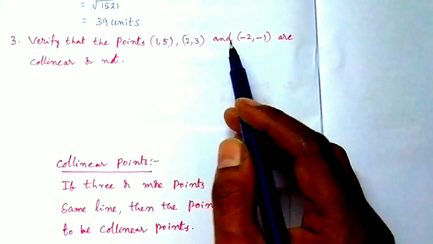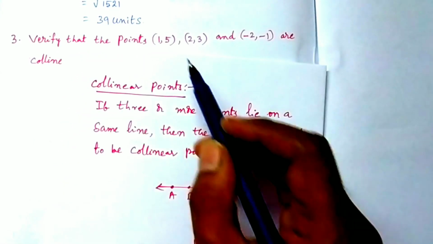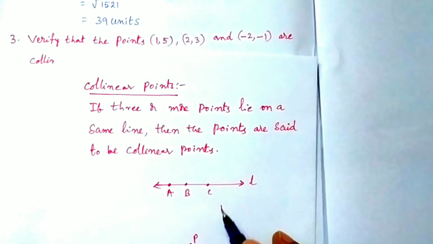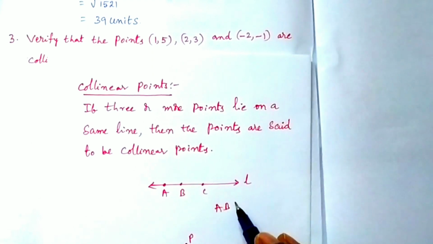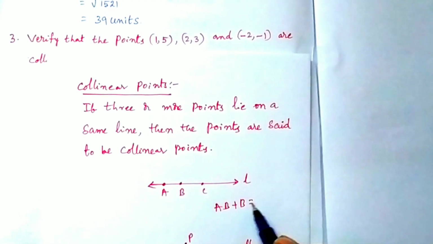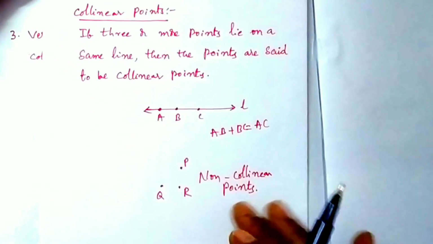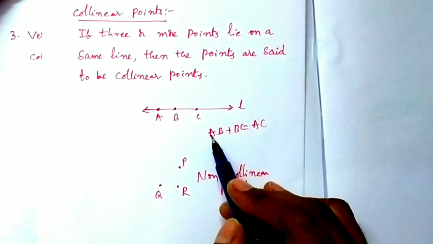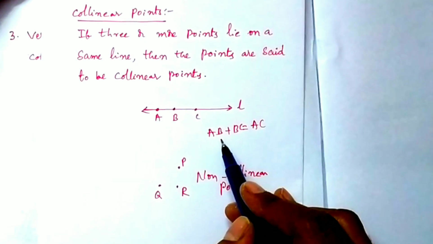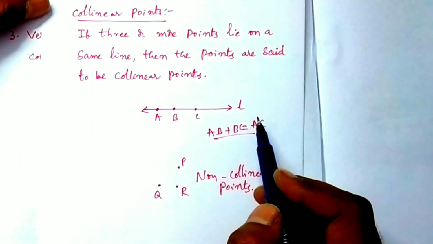Suppose these 3 points are on the same line, then take these points as A, B, C. If AB plus BC is equal to AC, then the points A, B, C are on the same line.